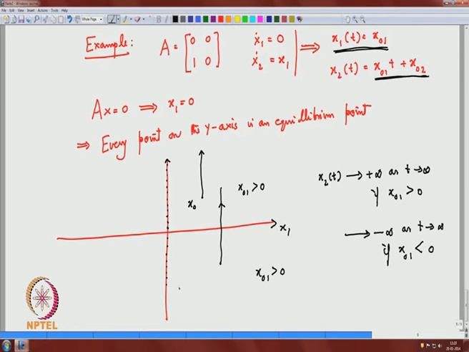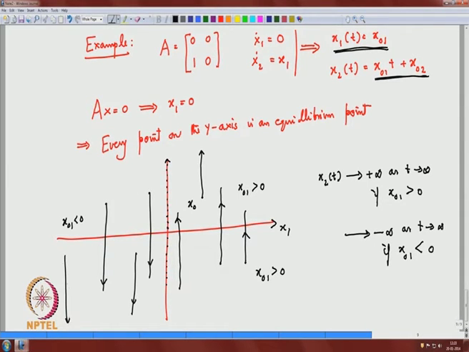Anywhere you start, it will move like this, it will move again like that only. On the other hand, on this side x01 is negative, in that case it will go to minus infinity, and again it should remain perpendicular to the x1 axis. So it will move here. If you start from here, near the center the behavior will be like this.